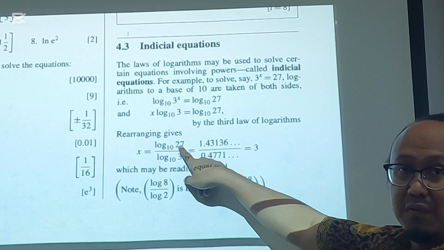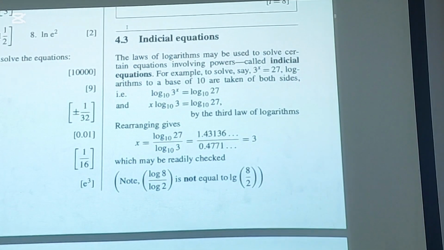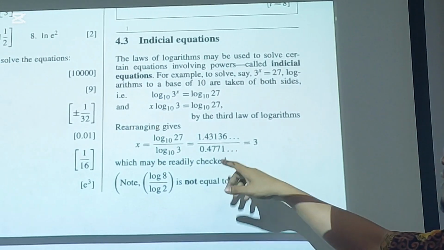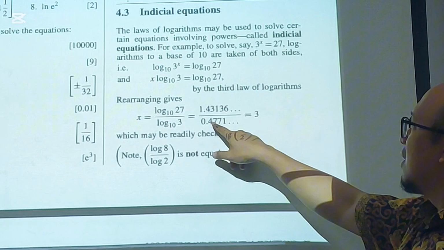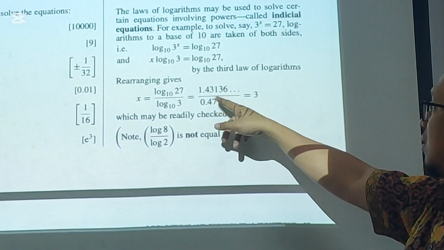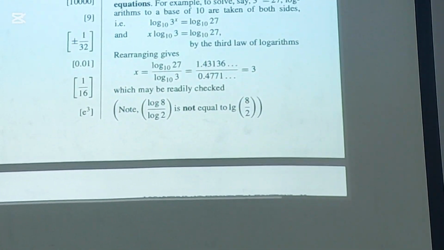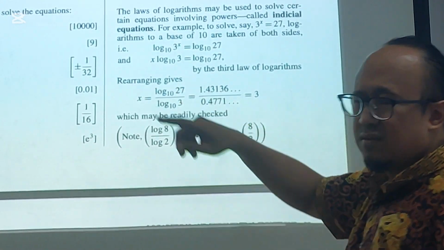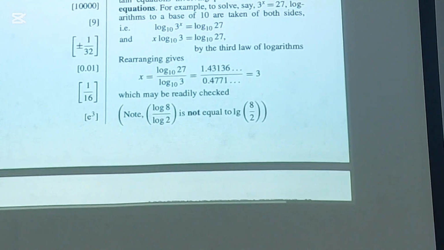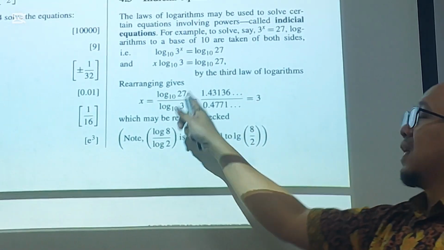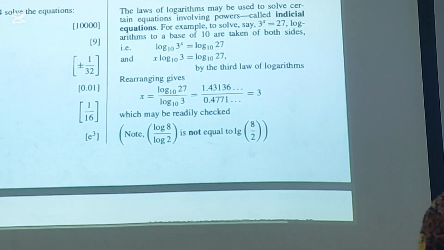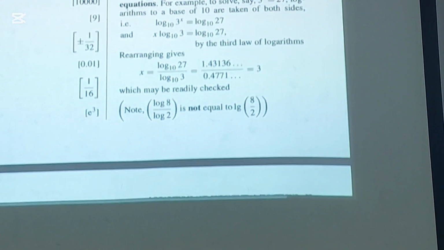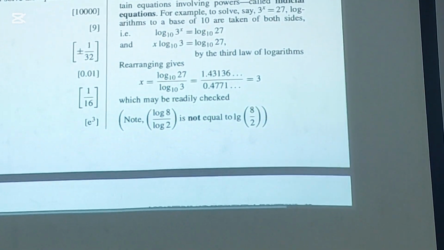Then you can get 1.45 divided by 0.4, which equals 3. Or you can change 27: if you change to 3, how many? 3 power by 3 will be equal to 27.